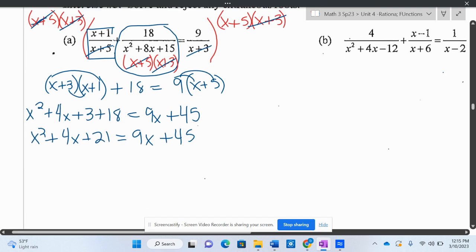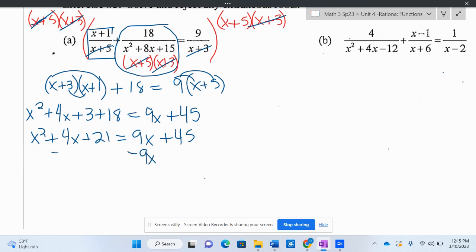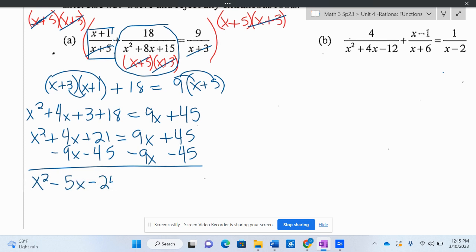I need to set it equal to 0, so I'm going to subtract 9x from both sides, and I'm going to subtract 45 from both sides. So now I have x squared minus 5x minus 24 equals 0.